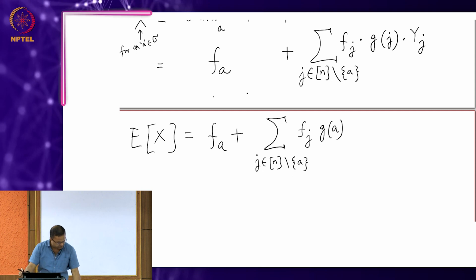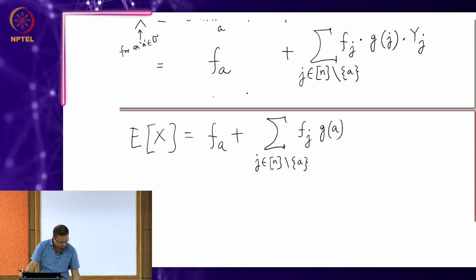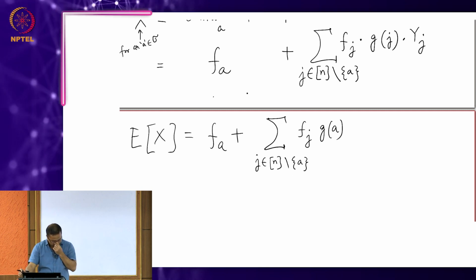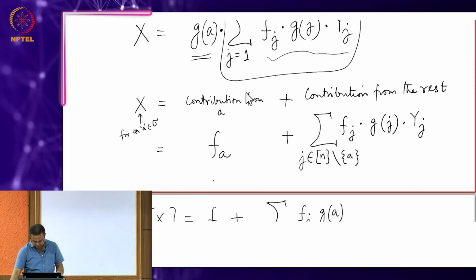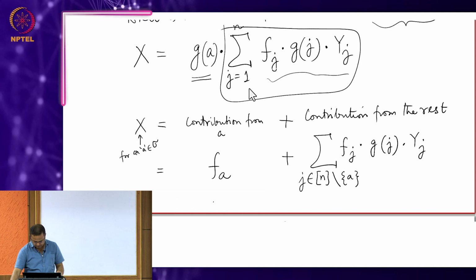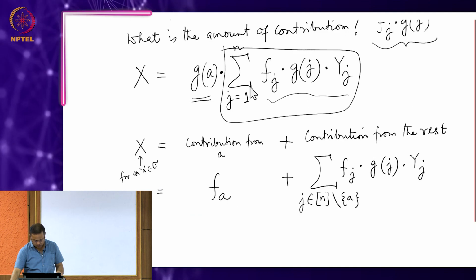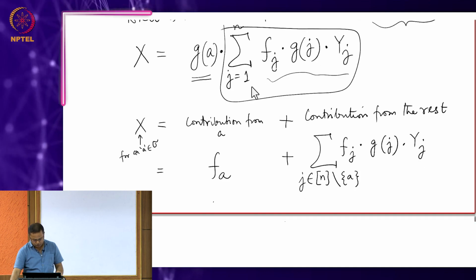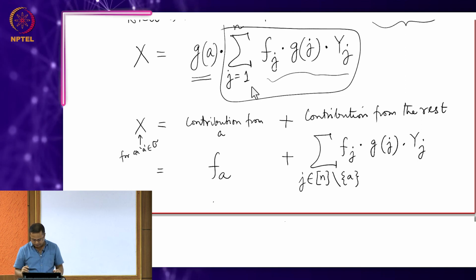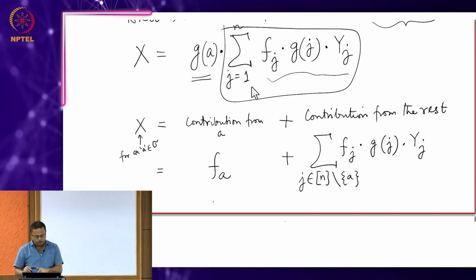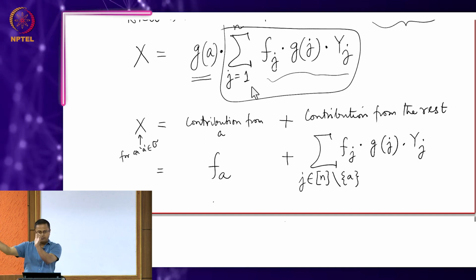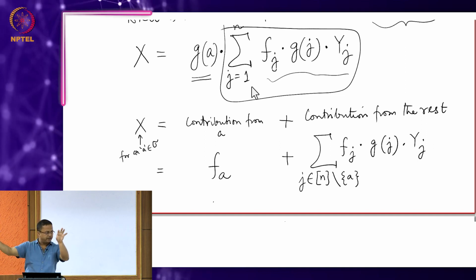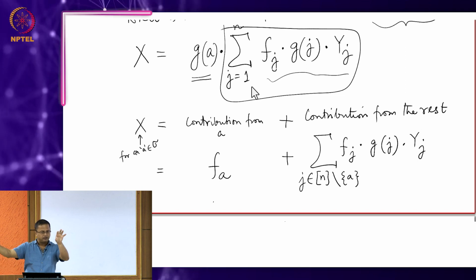I think I missed a term there, right? You should have told me. I missed a term in here. See, in this contribution from the rest, this was a sum multiplied with gA, right.